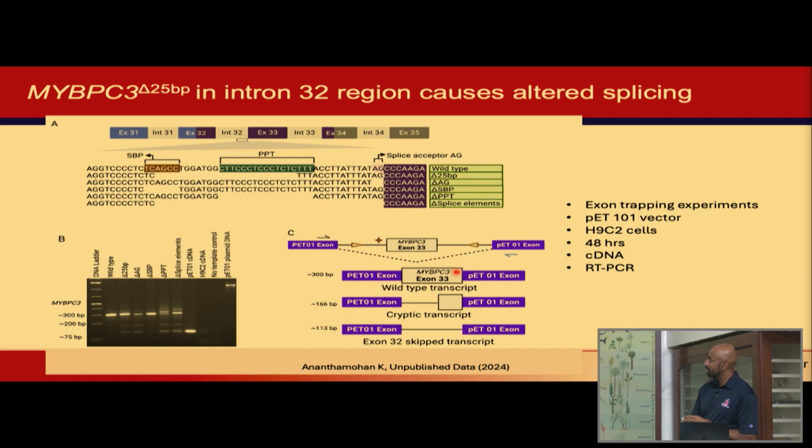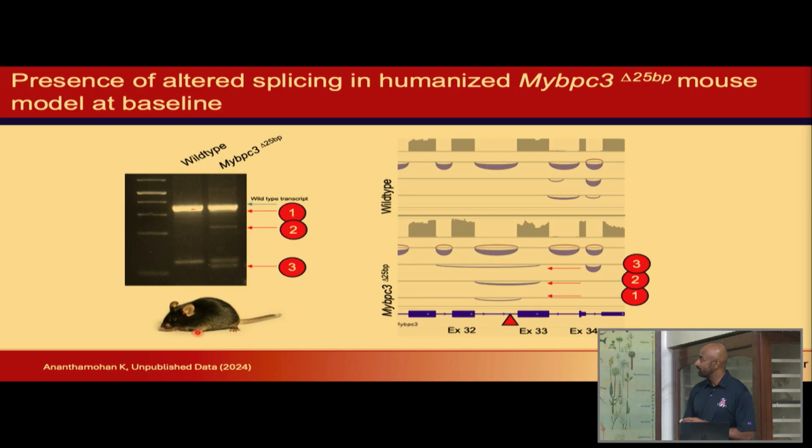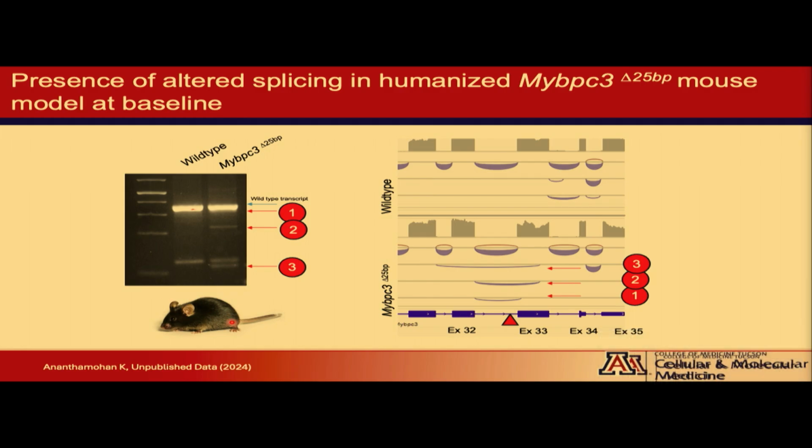H9C2 cells were transfected, and after 48 hours we collected mRNA and looked for altered splicing. Clearly, the 25 base pair deletion causes altered splicing. Also in the knock-in mice, we see clear altered splicing in the model carrying the 25 base pair deletion.